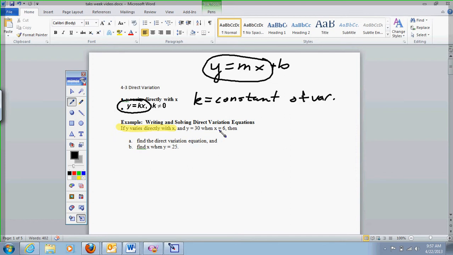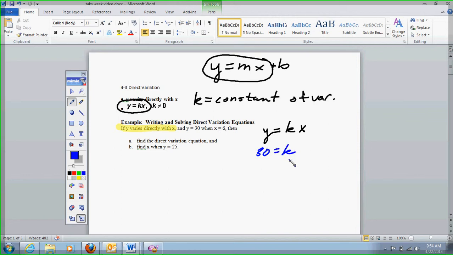Well, if y is 30 when x is 6, my direct variation equation is y equals kx. So if y is 30, sub that in for y, equals k times x, and x is 6. So solve for k.